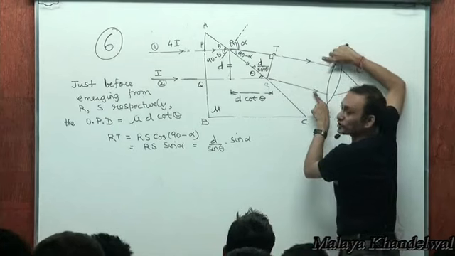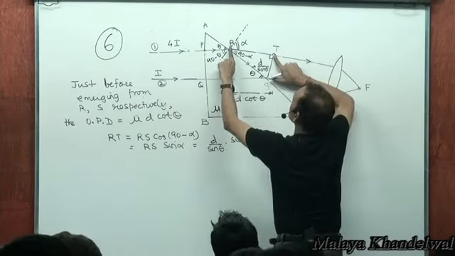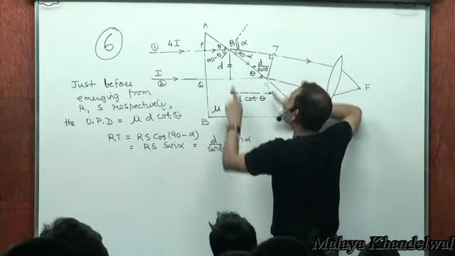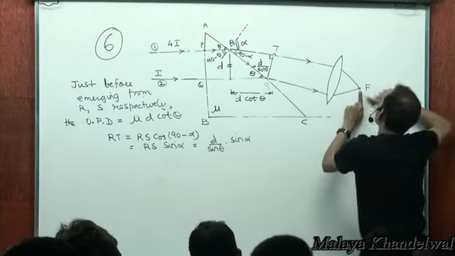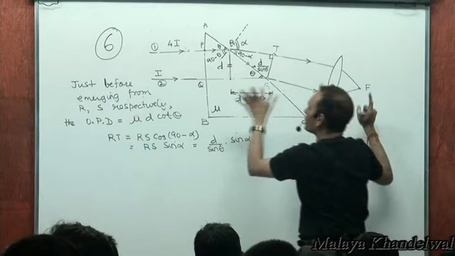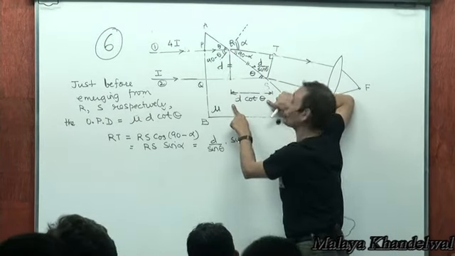After this, there is no further path difference. So the entire path difference would be RT minus mu d cot theta. On interfering at F, the optical path difference is RT minus mu d cot theta.